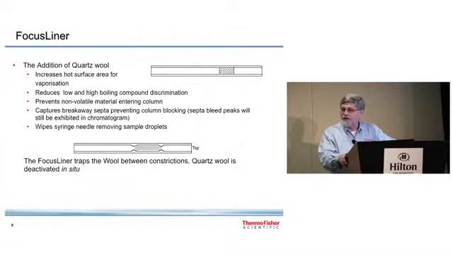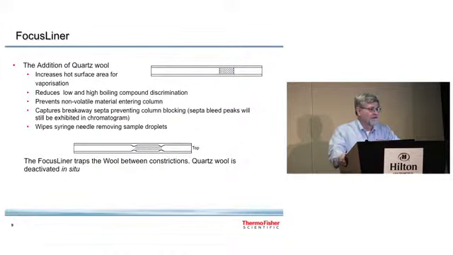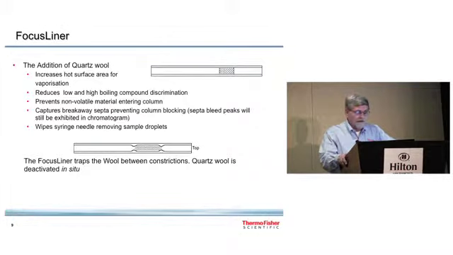And when I go to change the liner, and I take the top off, the glass wool comes popping out of it. That's great if you want to change the wool, but if that's not what you were going to do, then you have to repack that. And by having these two restrictions, it keeps the coarse wool in the liner. Also, it is deactivated inside the liner, so you don't have to worry about any contamination.